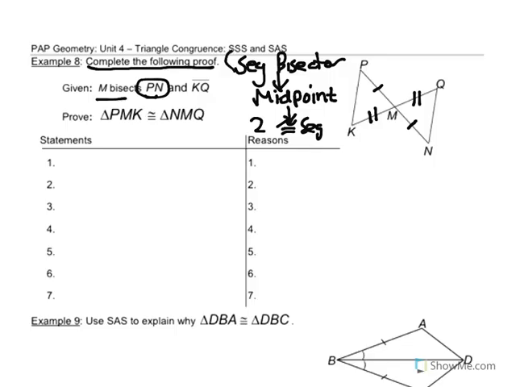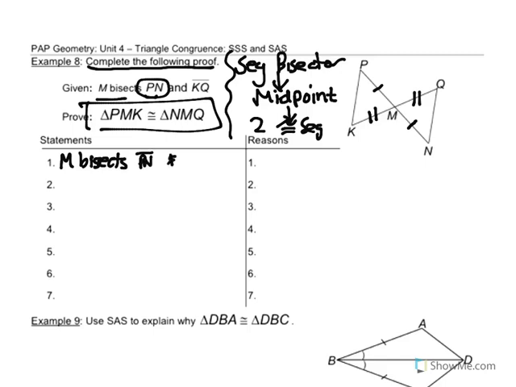So these are the statements that we're going to have to use in our proof to work out our final conclusion right here. So let's start with our given that M bisects PN and KQ. How do we know that? Given. Now let's just do these one at a time. Let's start with M. M is the midpoint of PN.